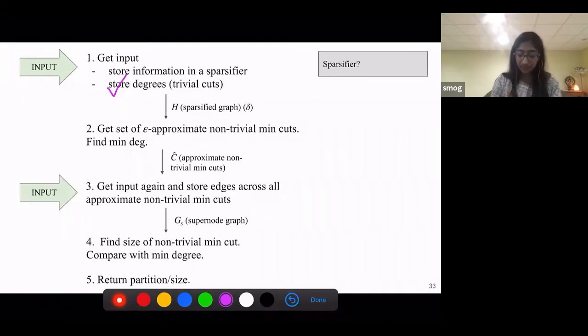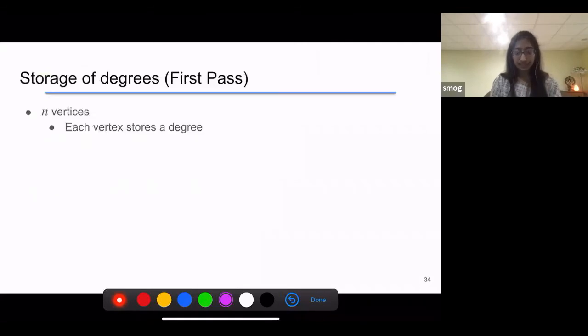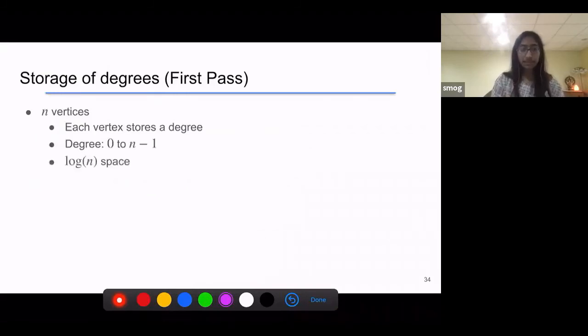We need to check whether that fits within our storage space. We have n vertices, and we need to store the degrees of each vertex. The degree can be between 0 and n minus 1, so that number is less than n, which means log n space to store that degree.